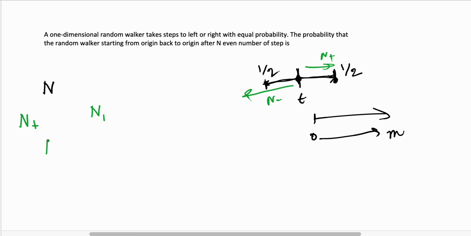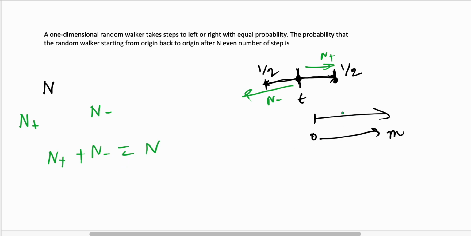then since he took exactly n steps in total, the total number of steps n plus and n minus together should be n.